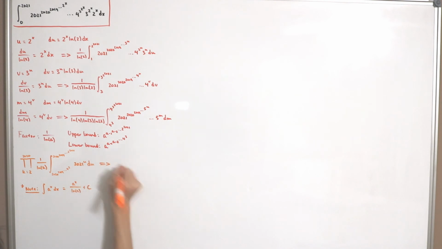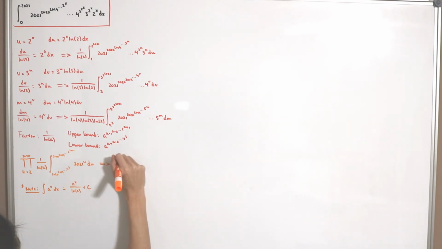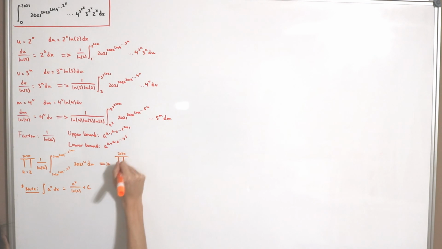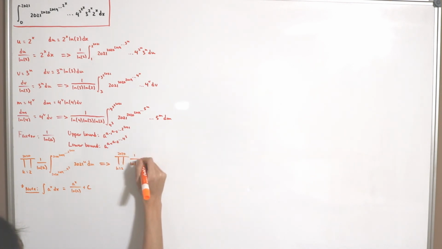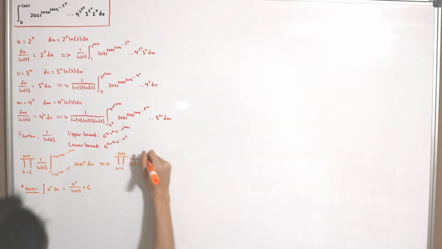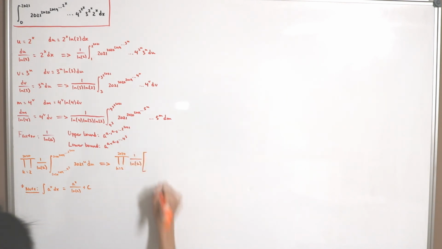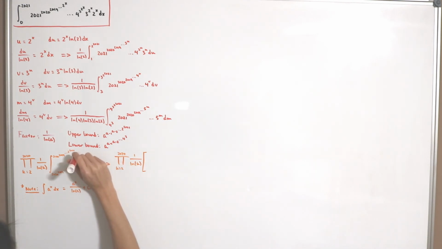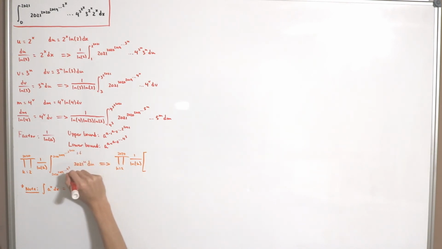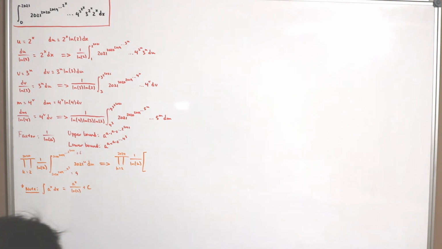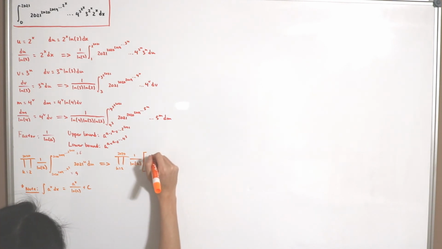But doing this, let me rewrite the product series again, k equal to 2 up to 2020 of 1 divided by ln of k, and then let me denote, because the exponents just get bigger and bigger, I'll call this f, and I'll call this lower bound g. It's just a lot to write. So we get our new evaluated integral.